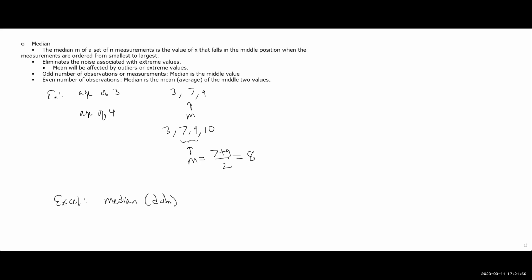That's how you calculate the median in Excel. Okay. The next one we're going to do is called the mode. So let me copy that in for you. Okay. Erase this.